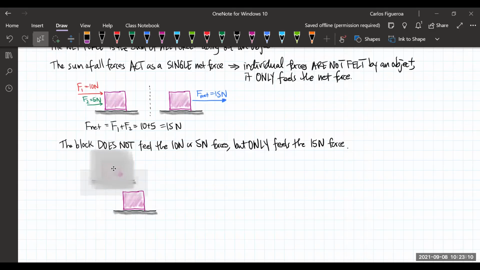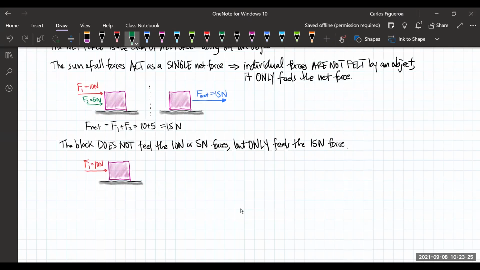Now that I've explained one, let's look at this case. I'm going to change the directions of the forces. Let's say I have a force this big, and then a force in the opposite direction. According to Newton's second law, because the forces are in opposite directions, the net force should be F1 minus F2, so 10 minus 5.